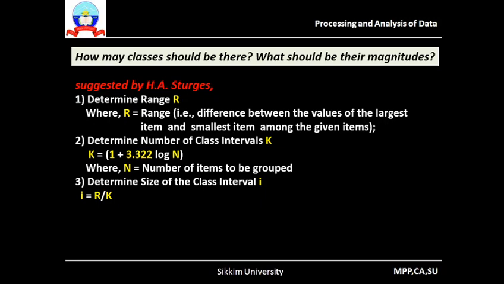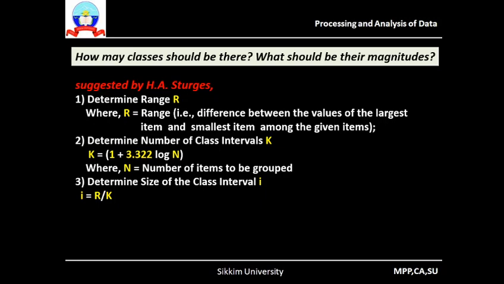Once the range has been determined, we determine the number of class intervals. Let K represent the number of class intervals. K is equal to 1 plus 3.322 log n. So here base is 10 and n represents the number of items to be grouped.